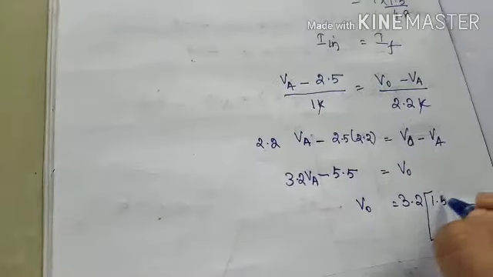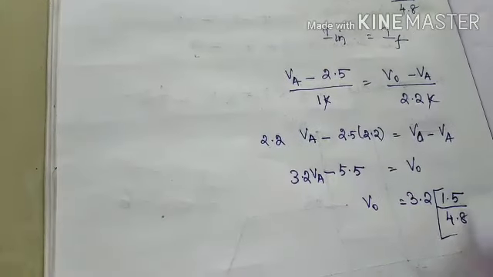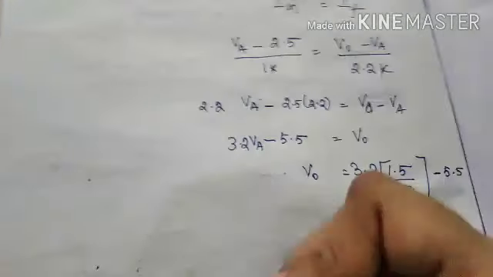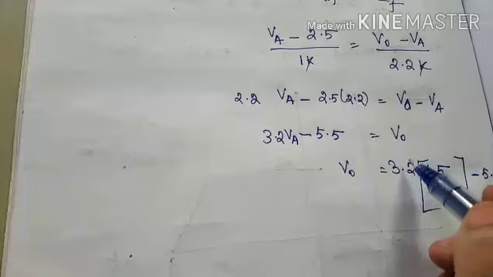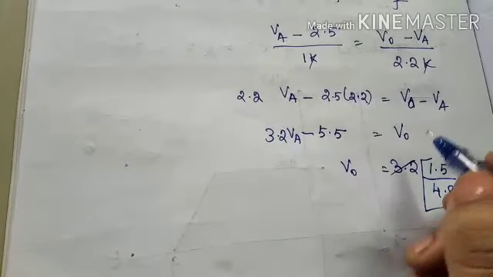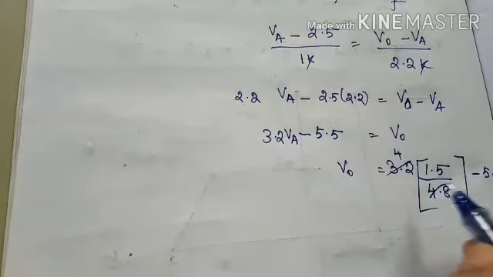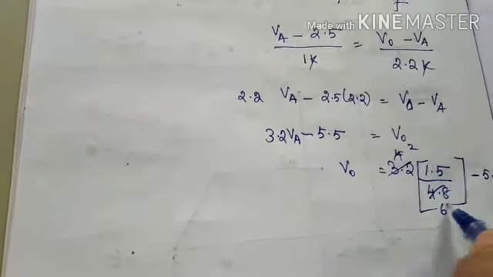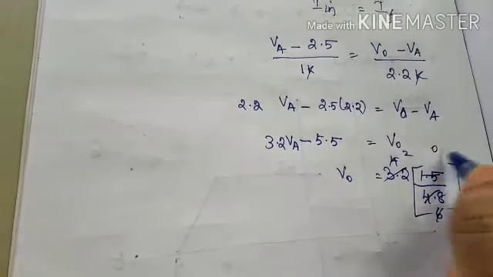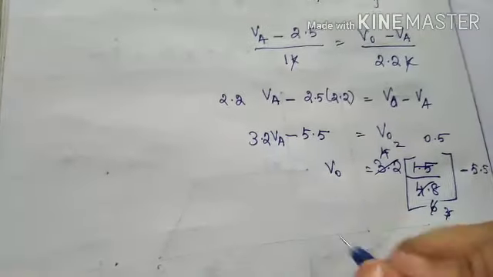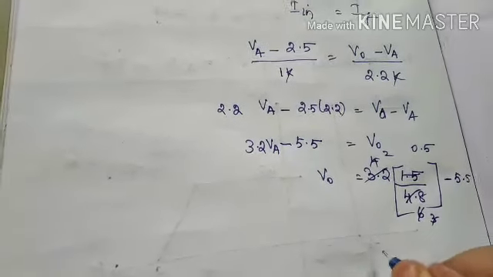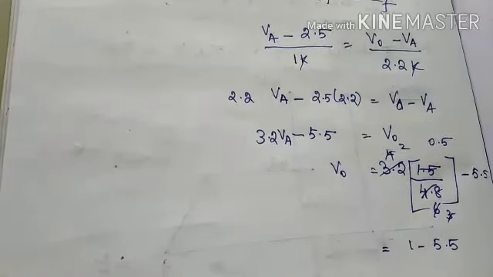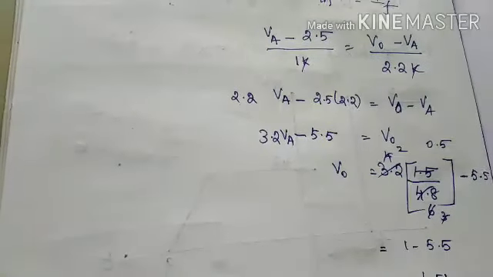So 3.2 times 1.5 divided by 4.8 gives 1. Then 1 minus 5.5 gives minus 4.5 volts.